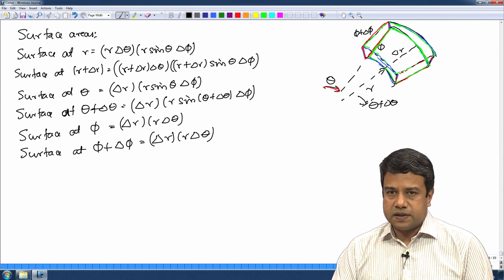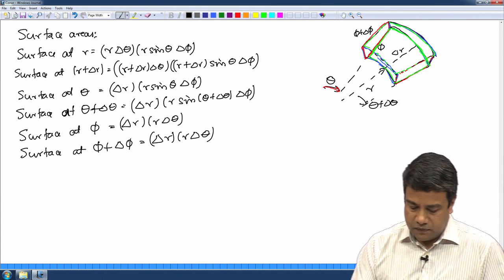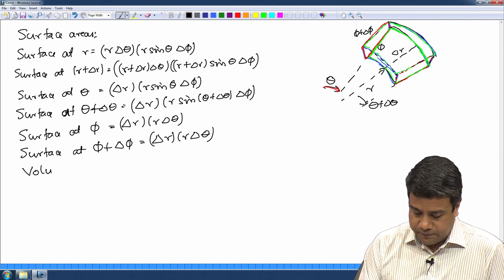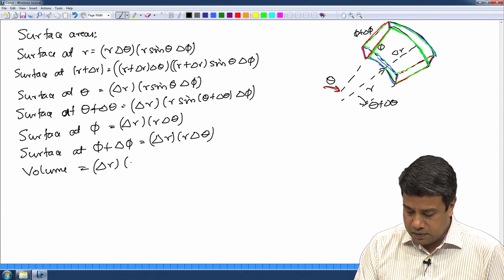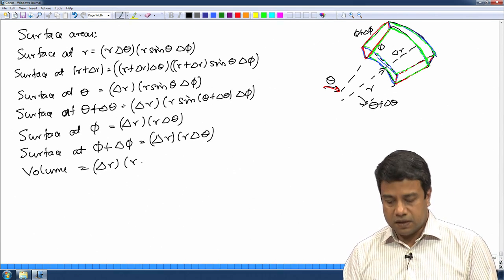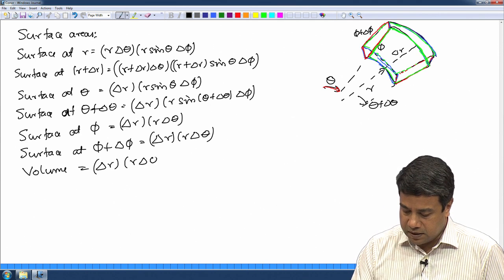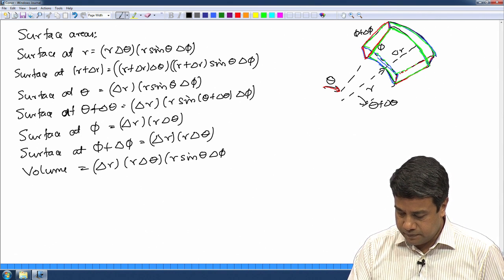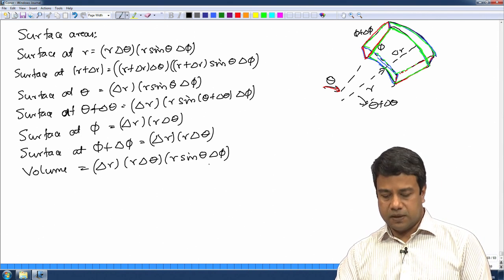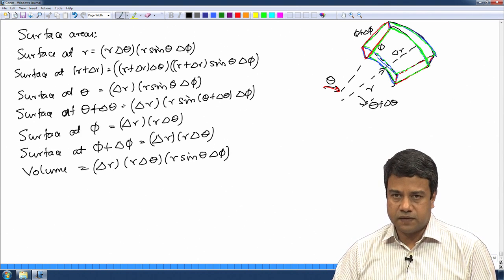So, those are the different surface areas, and the total volume is going to be equal to delta r, the distance moved in the r direction, times the distance moved in the theta direction, times the distance moved in the phi direction. That is the total volume of this differential volume.